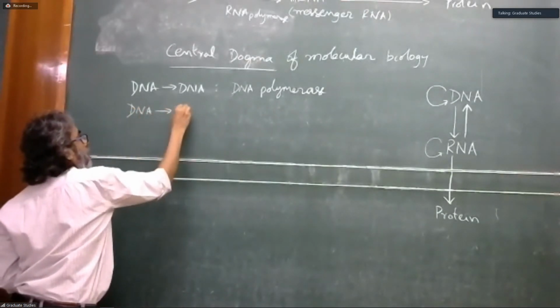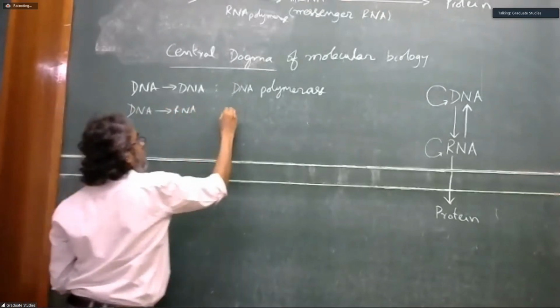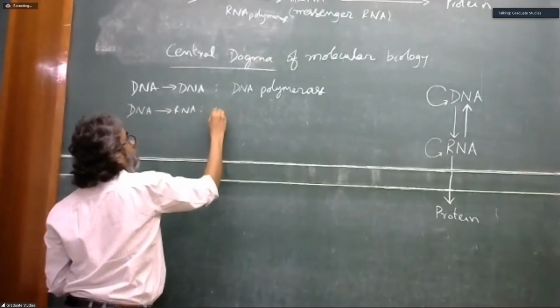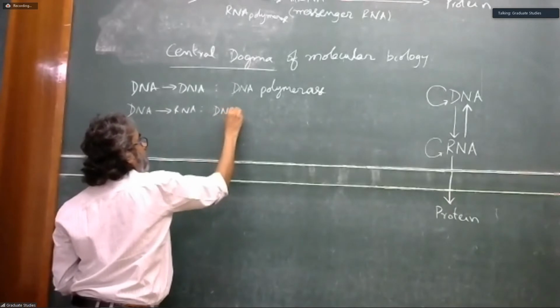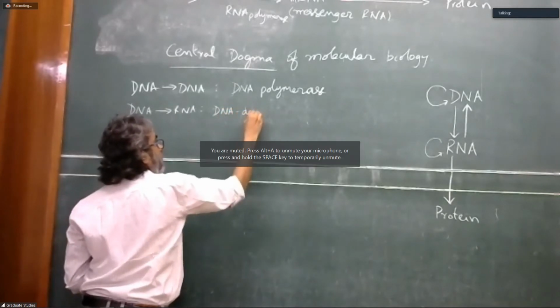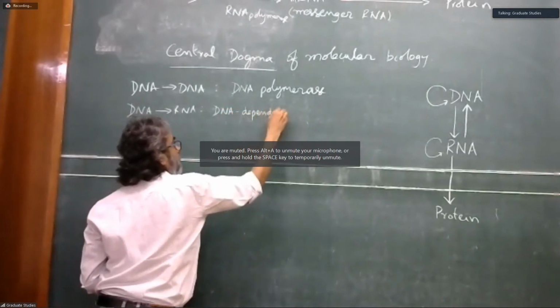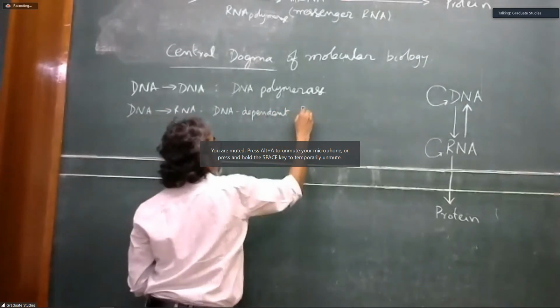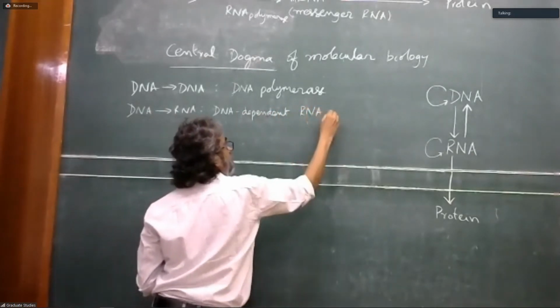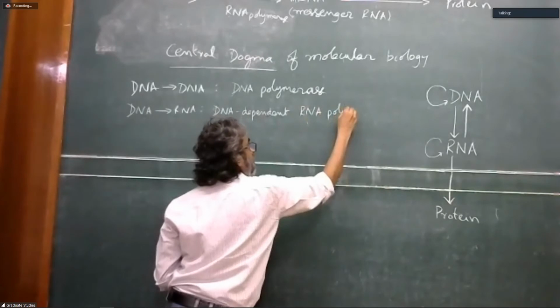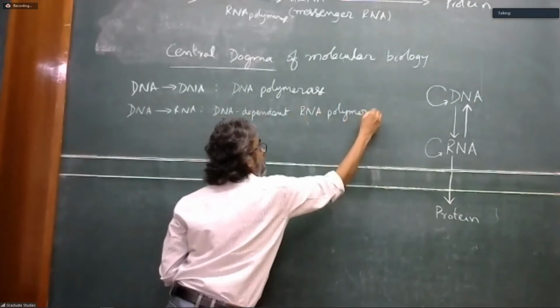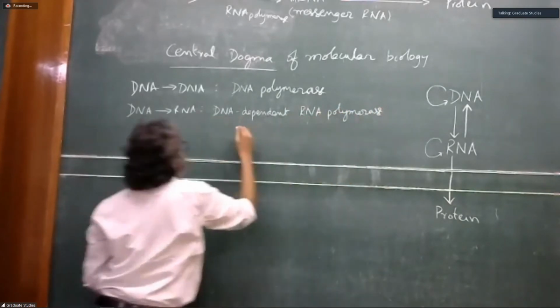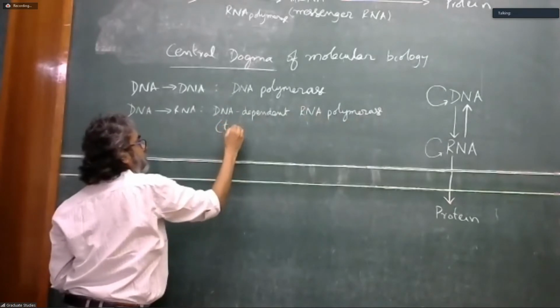DNA to RNA uses DNA-dependent RNA polymerase. This is a process we call transcription.